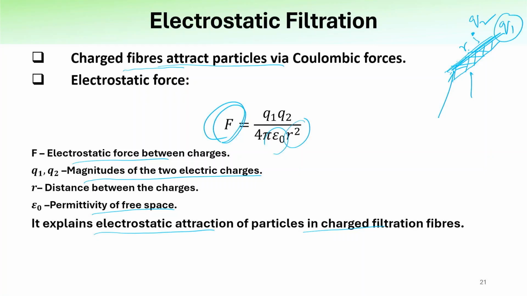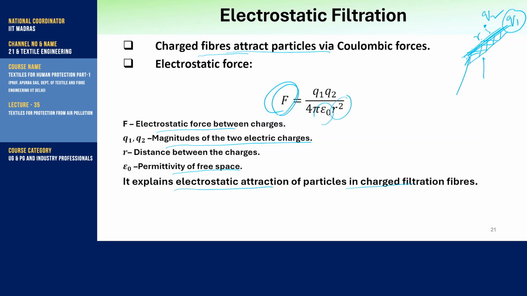But the main problem with electrostatic filtration is that its charge decays. So, half decay time we can calculate. With time it decays, and it is also affected by moisture in the air.